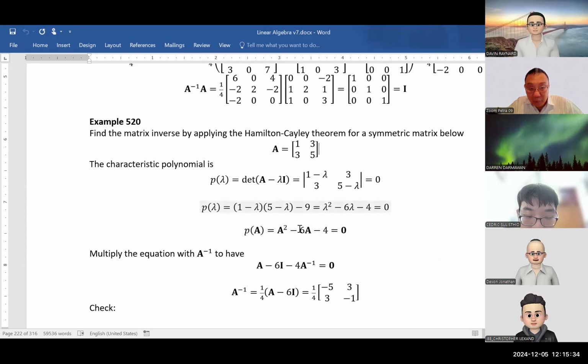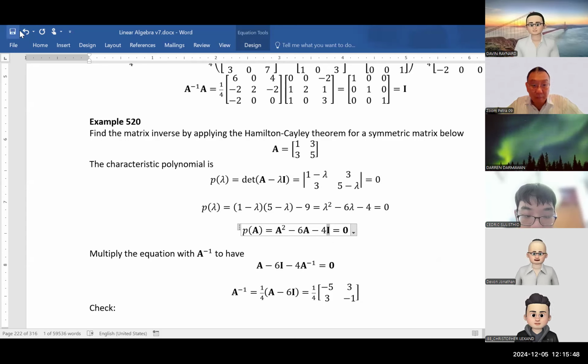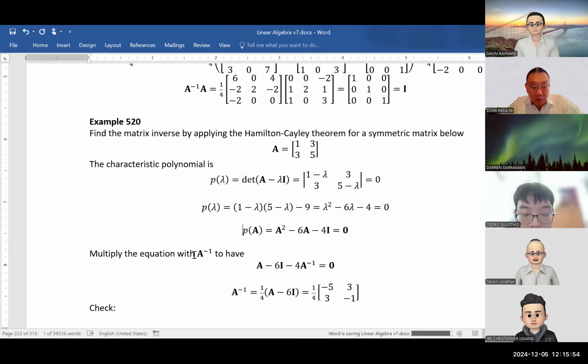Lambda square becomes A square. Minus 6 lambda, you get minus 6A. This one minus 4 means 4I. With that, if you multiply by A inverse, A square multiplied by A inverse becomes A, right?